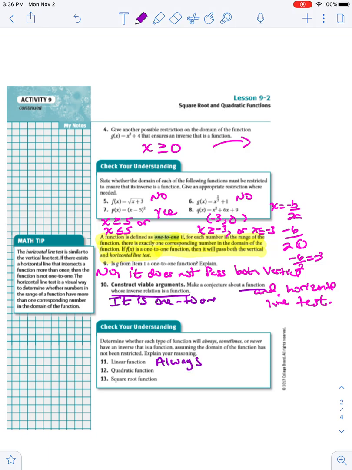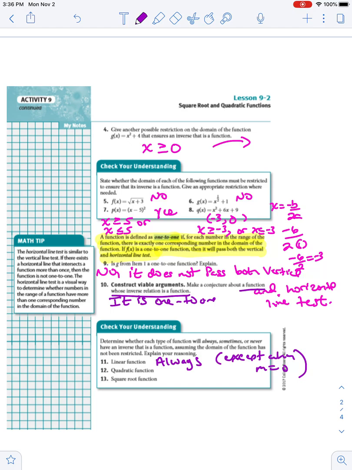Okay, always, as long as the slope is not equal to 0. That's a tough one. So except when the slope is equal to 0, because then you actually get a vertical line. But for linear functions, their inverses are always going to be functions.